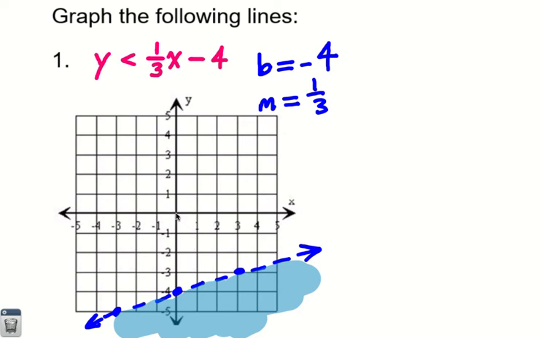If this is not a solution, then nothing on this side of the line is a solution, and you would shade the other side. If 0, 0, or whatever test point you're testing, checks out, you can shade that side. You should understand that, obviously, but I just like to go with: if it's less than or equal to, you shade below; if it's greater than or equal to, you shade above.